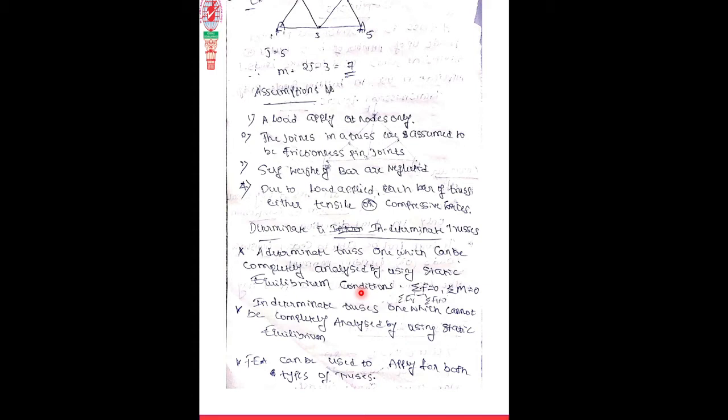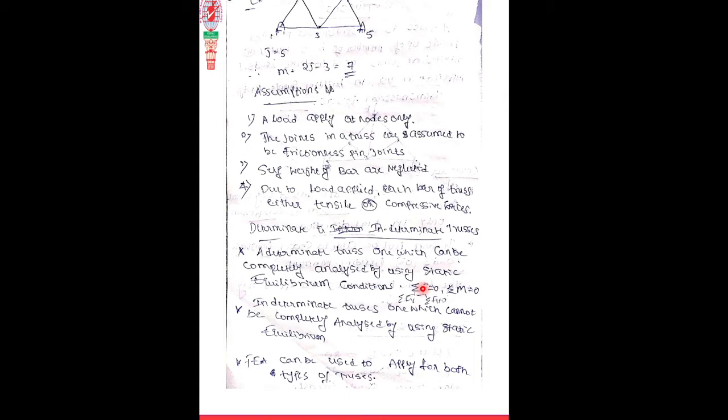There are two equilibrium conditions: summation of force equal to 0 and summation of moment equal to 0. In summation of forces again two types: summation of vertical force equal to 0 and summation of horizontal force equal to 0.